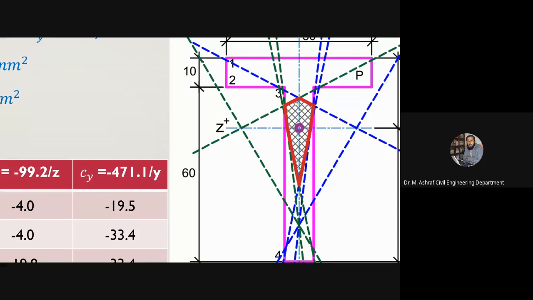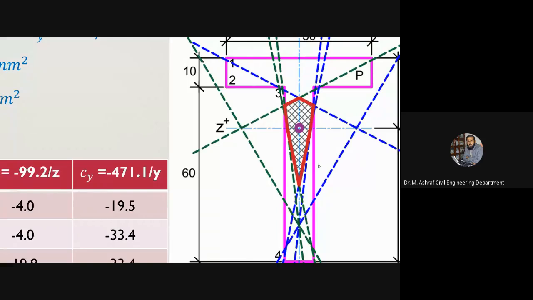So I take the area enclosed from here up to this intersection, then up to the intersection of this line, and then from here up to the intersection of these two lines. So I got this half portion. If I mirror it, I get the next half portion, which will also be like this one.